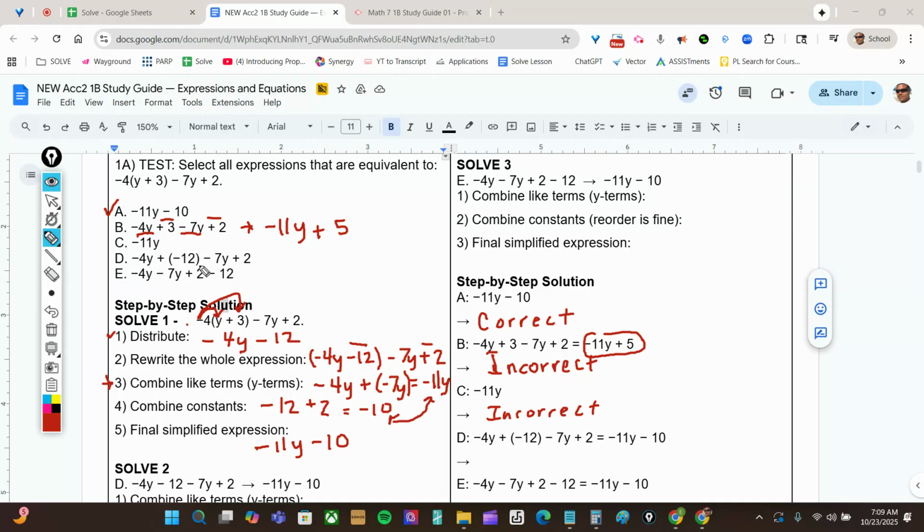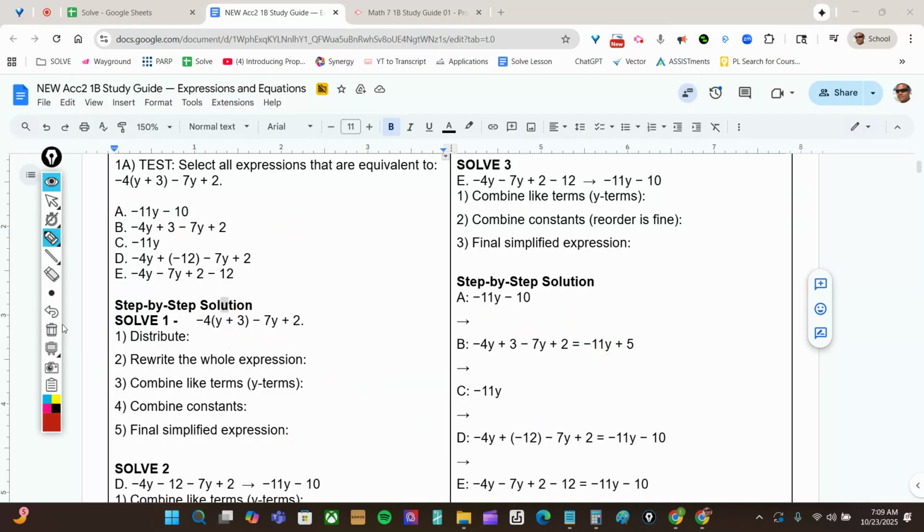But the last two, the D and the E, we're going to have to actually solve. Those are not quick and easy. So far we got A. We know it's A. So we're going to delete this. We're going to move down a little bit.